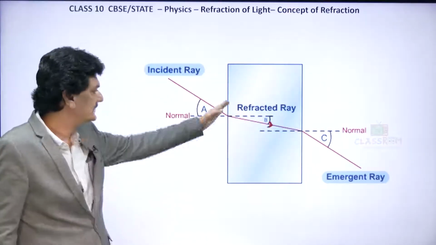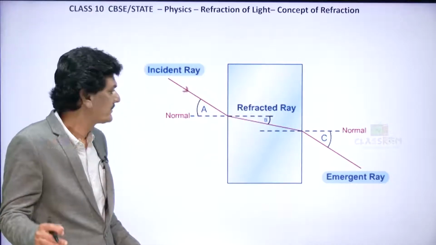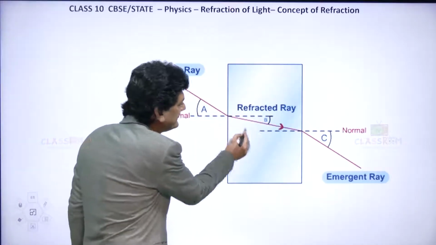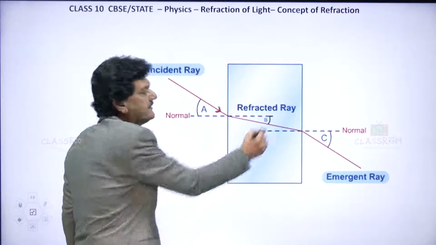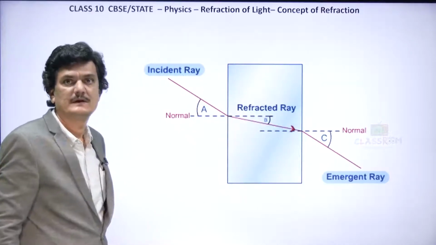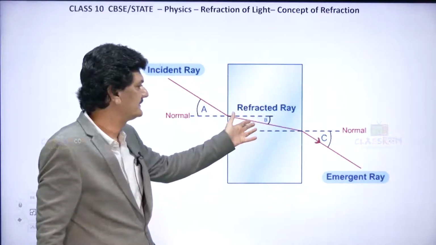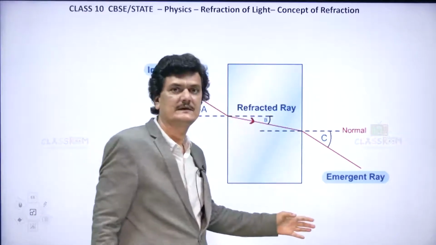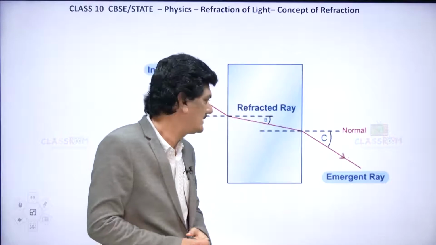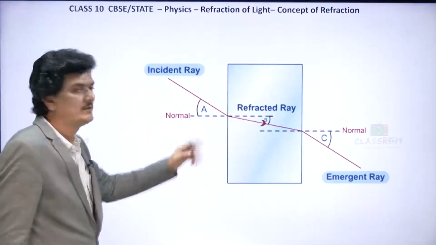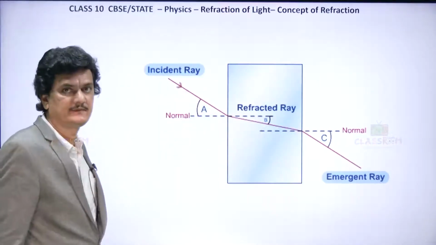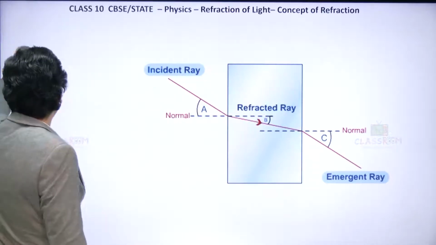Only at the interface it changes, and therefore, instead of going in this direction, it deviates. You can see we have drawn the normal and the velocity is decreasing. One pattern is there, which we will discuss in detail later, but this is about the cause of refraction and where it takes place.